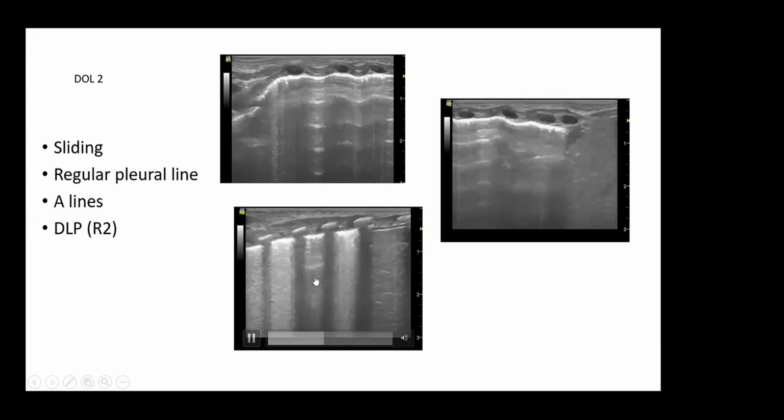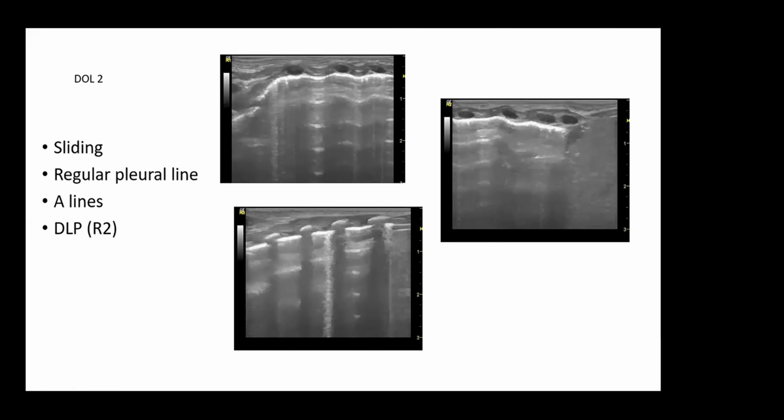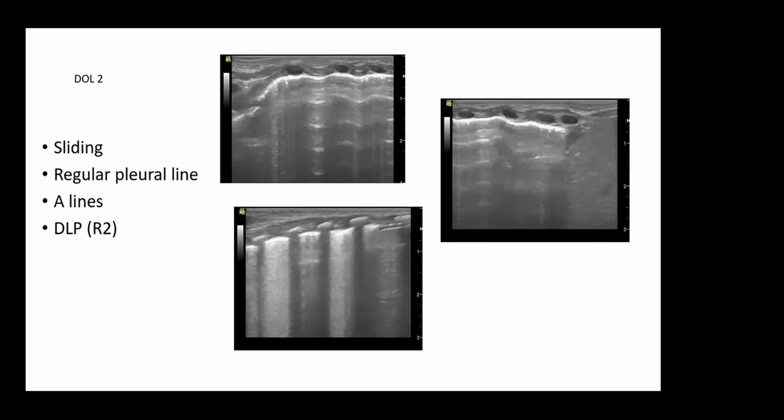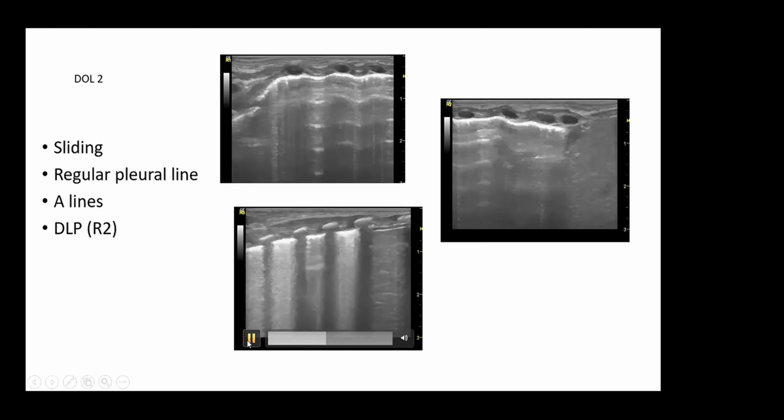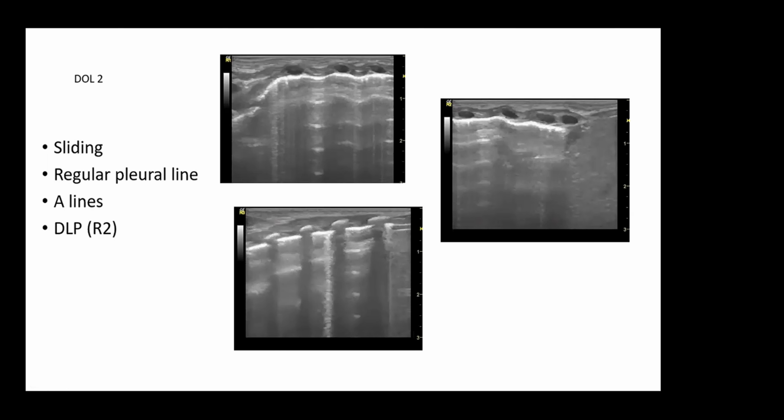And in this clip, we can see that when the baby is in expiration, the pattern is worse with more collapse, and then more aerated when he is in inspiration. I think it's very well seen here.